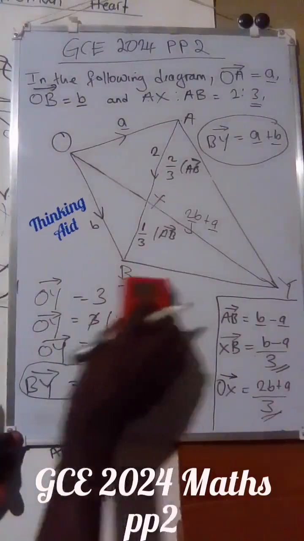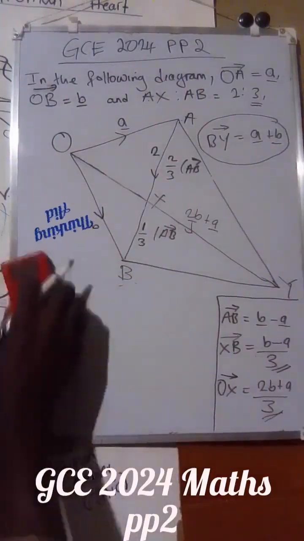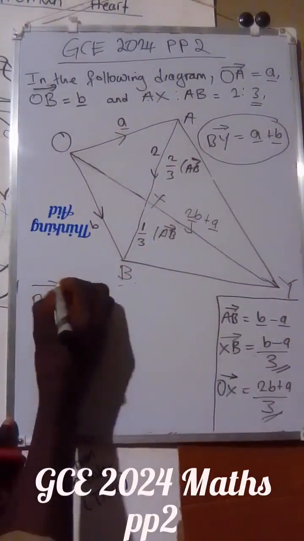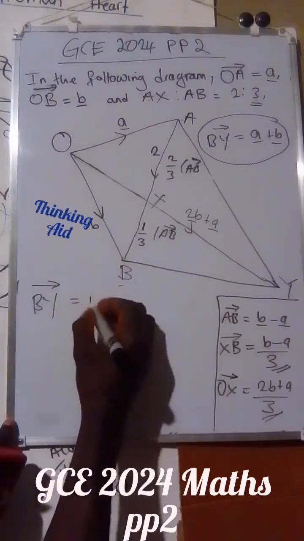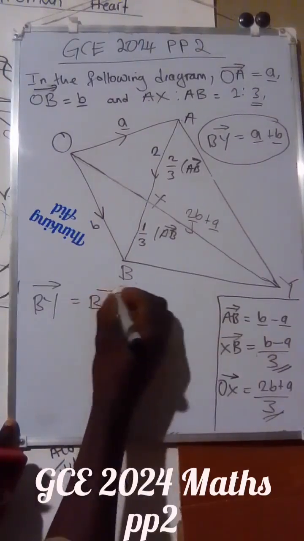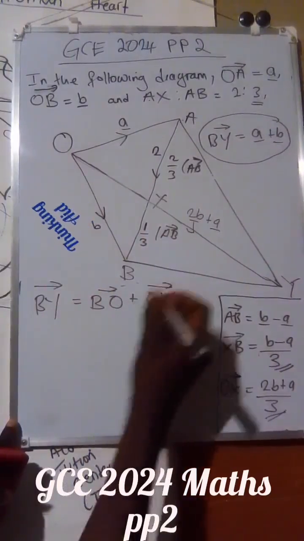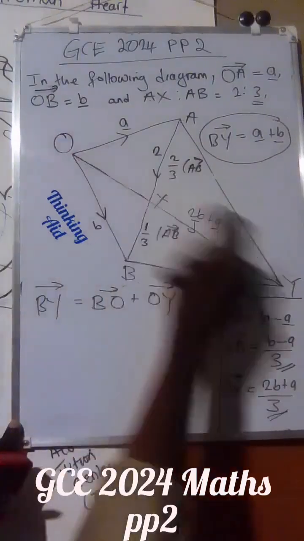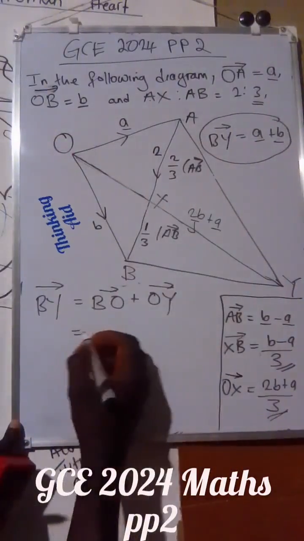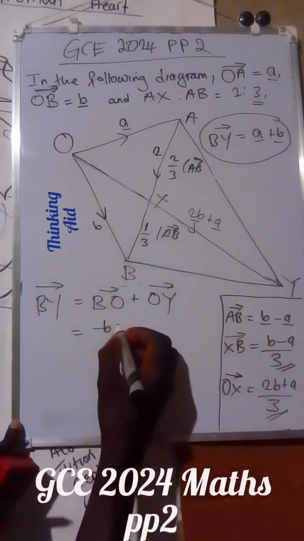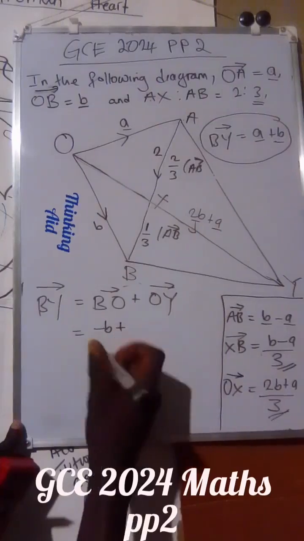Okay, so let's begin. How do you find vector BY? BY is the same as vector BO plus vector OY. That's all. So what is BO? We are going against the vector, so it's negative b, plus vector OY.